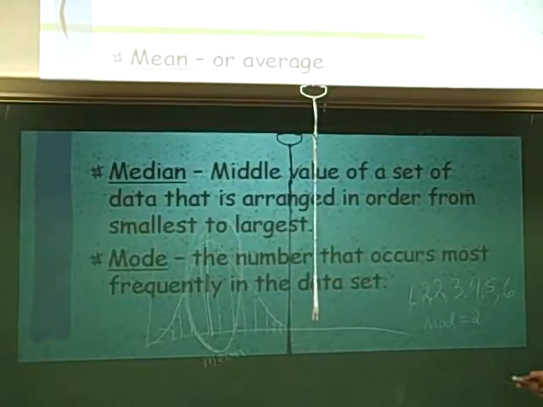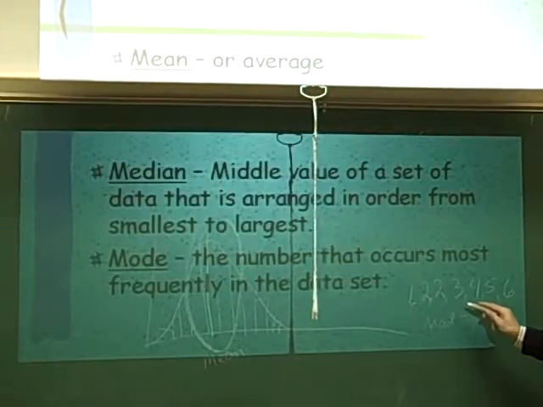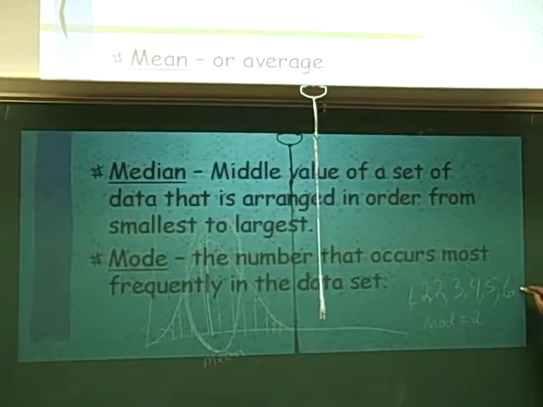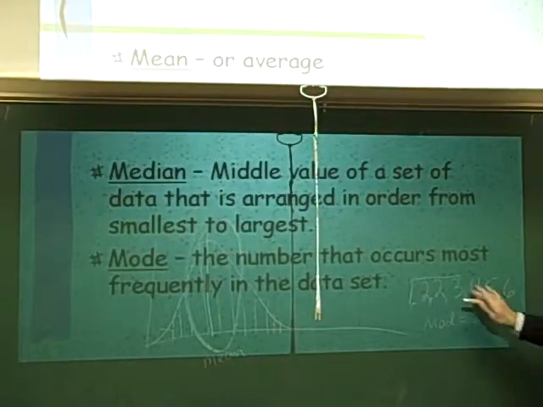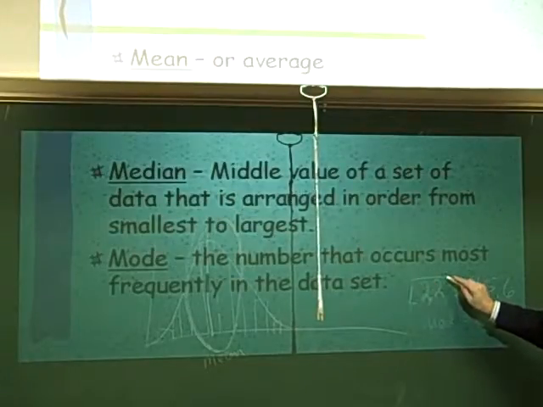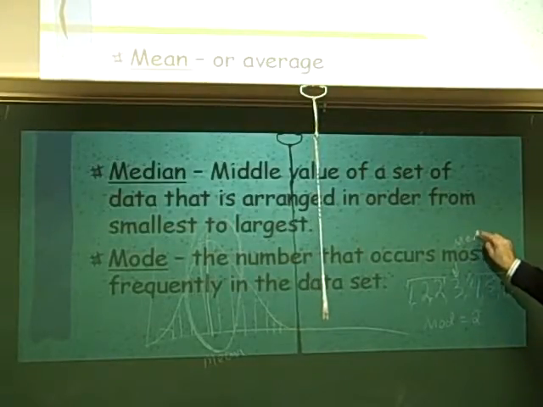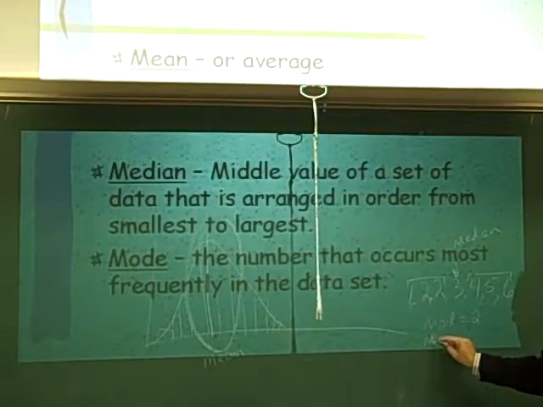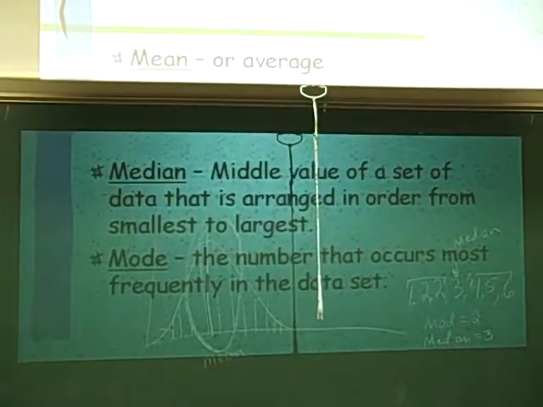Now we've got 7 data items, right? So if we count 1, 2, 3 to the right and 1, 2, 3 to the left, we could say that 3 is our median. That's what we would put: median is 3.